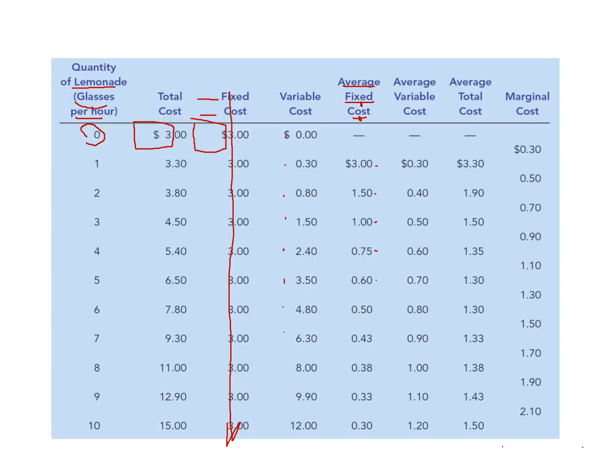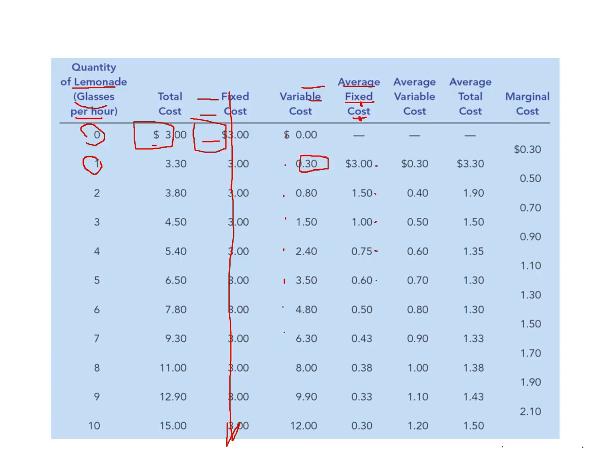But remember, the average fixed cost is the total fixed cost divided by the number of glasses produced in that hour. When you're only producing one glass of lemonade an hour, the total fixed cost will be attributed to that particular glass, so your average fixed cost would be $3.